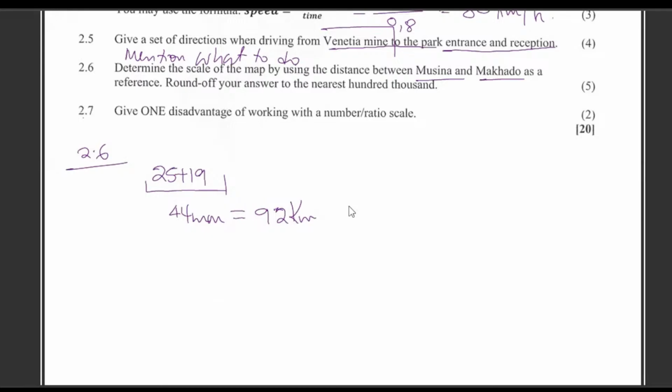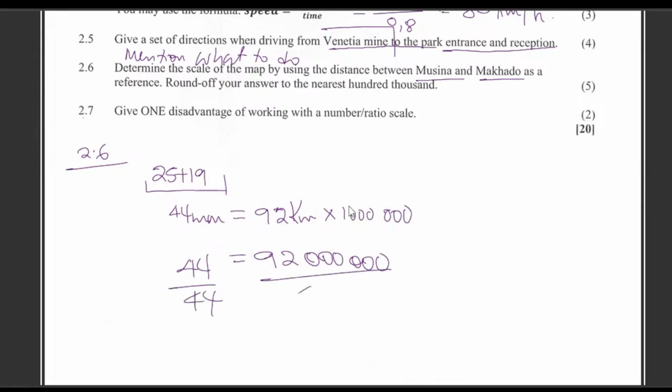Because I want it to become a number ratio, we change the kilometers to millimeters. We multiply by 1,000,000. So this will become 92 million. On the other side we have 44, and we want to know what about 1, so we divide through by 44.